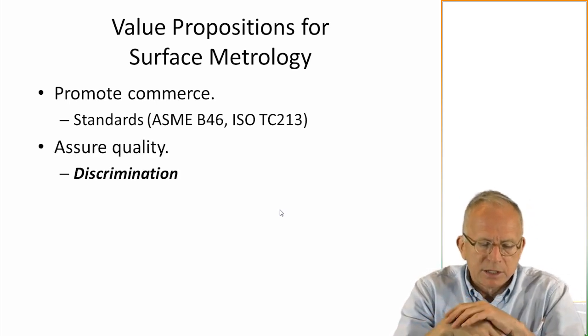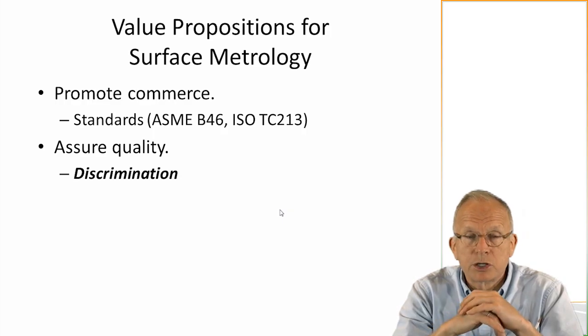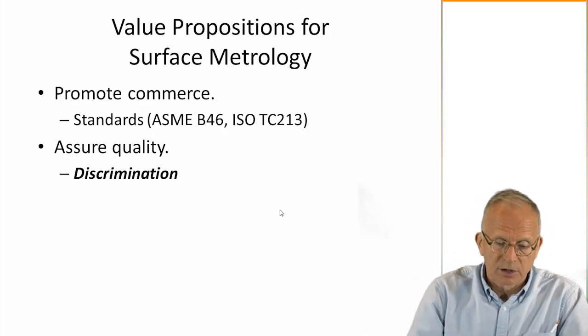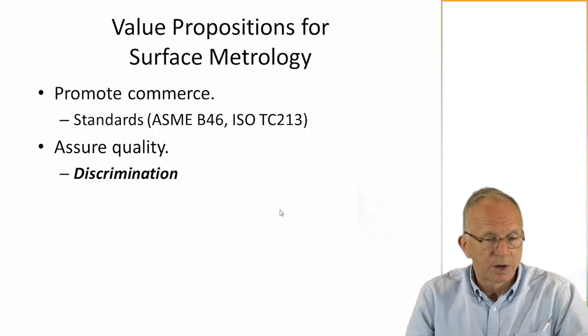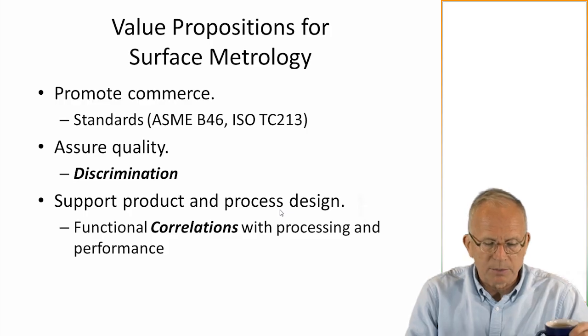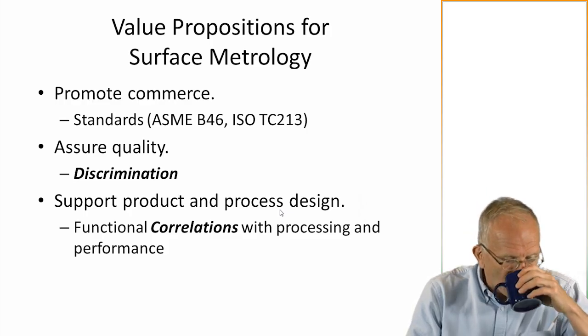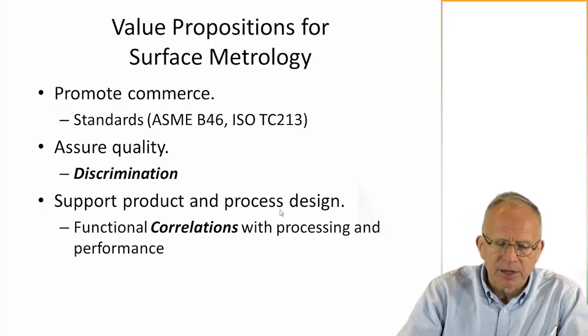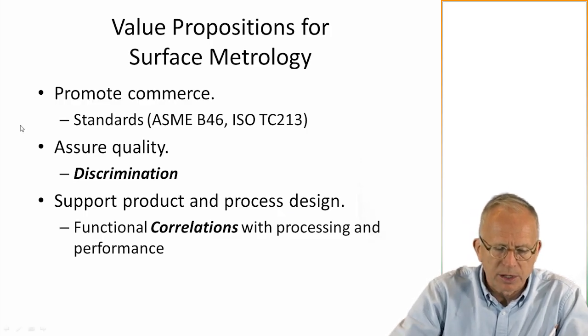But what we would really like to do is to be able to assure quality, and so be able to discriminate the surfaces that are valuable from the ones that are scrap. And, as I said, support product and process design. So these three things have some value, and we're going to concentrate essentially on the second two.